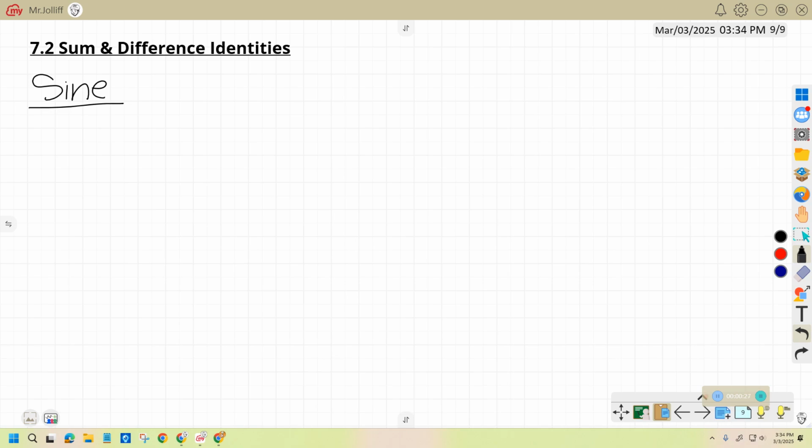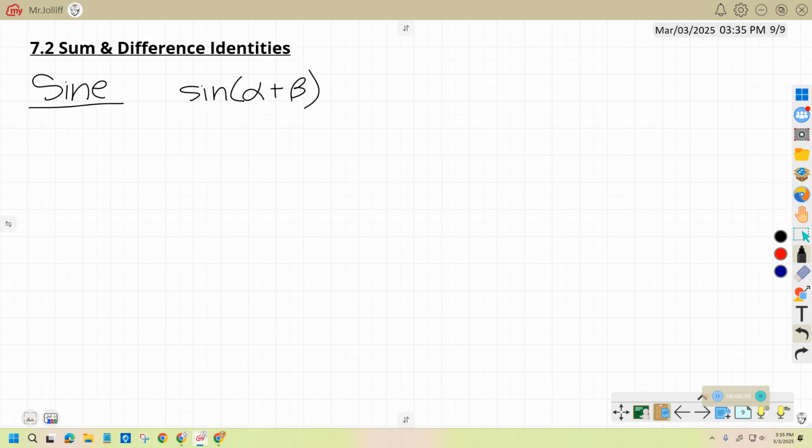So for sine, if I have sine of angle alpha plus angle beta, Greek letters for angle measures, English letters for points and lines.